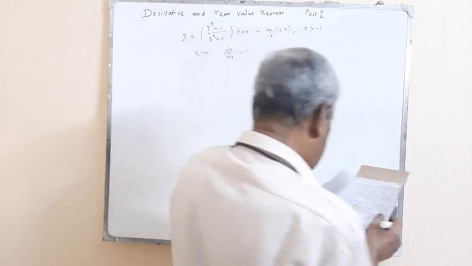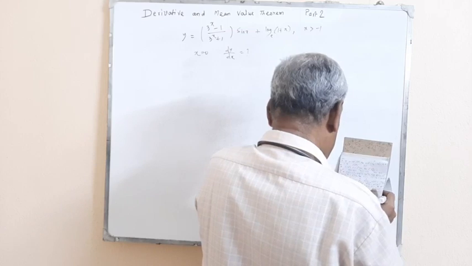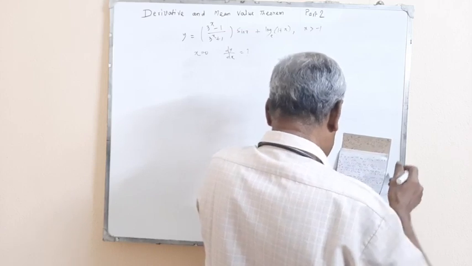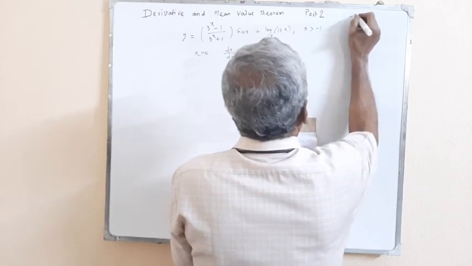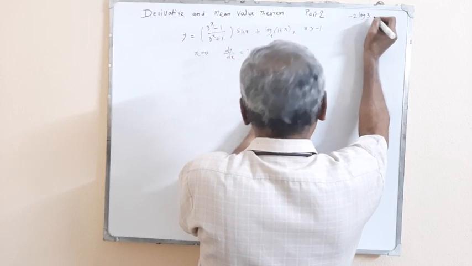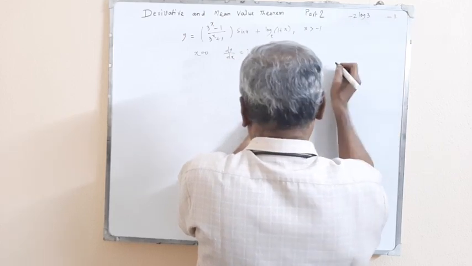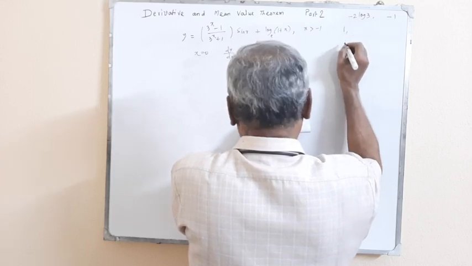So options: minus 2 log 3, first option. Second option is minus 1, plus 1 and 0.